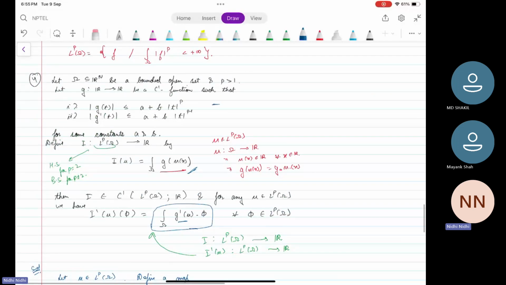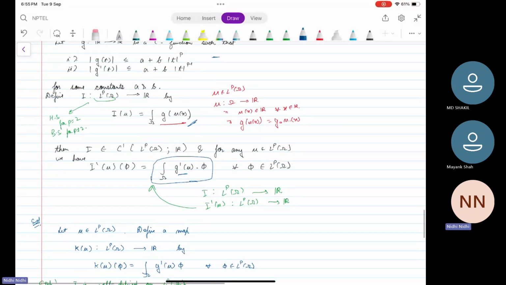See this growth condition. So this will give us, this is less than or equal to a plus b. Since we had g(u), this will be less than or equal to a plus b mod u to the power p.